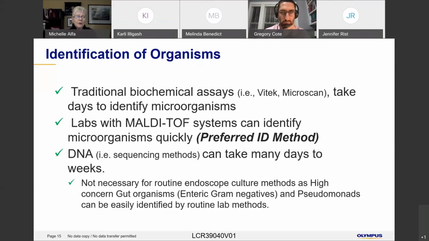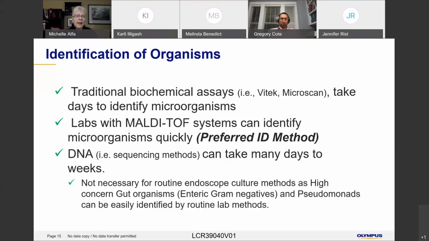Whereas with MALDI-TOF, you can take a small portion of that colony, put it on a template which goes into the machine, and within about 5 minutes, it's going to give you an identification based on the protein profile of the organism. For most of the high concern organisms, the classic clinical pathogens, gut organisms, MALDI-TOF can identify them very rapidly. So it's the preferred ID method if it's available.